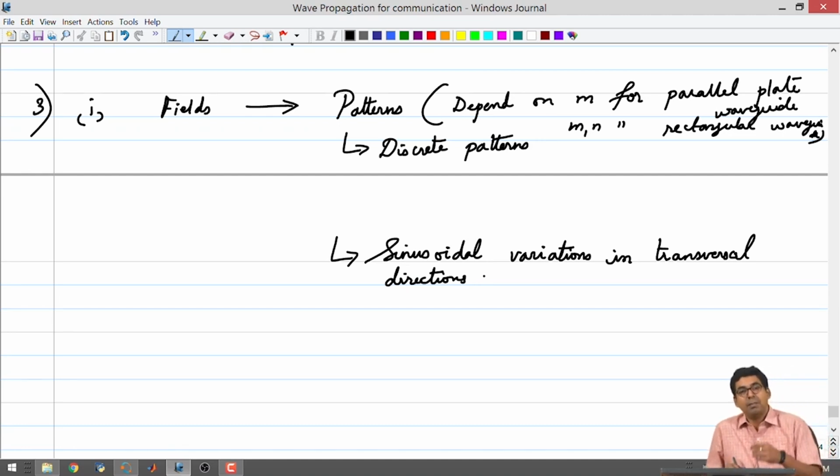That is because we have the interface between a dielectric and a conductor, and we have already noticed that the electric field will be 0 on the interface, but at the same place the magnetic field will be high.